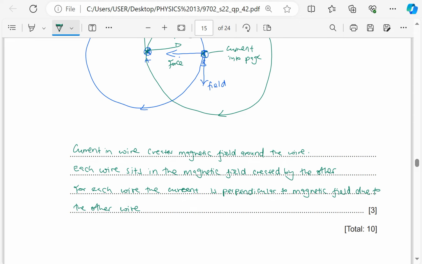So it experiences a force. So by Fleming's left hand rule, okay, let me write this in full, each wire experiences a force.